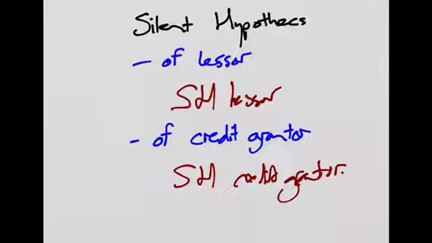The silent hypothec of the credit grantor works pretty much the same. In essence, it allows the credit grantor to basically retain ownership of the property until you have paid for it in full.